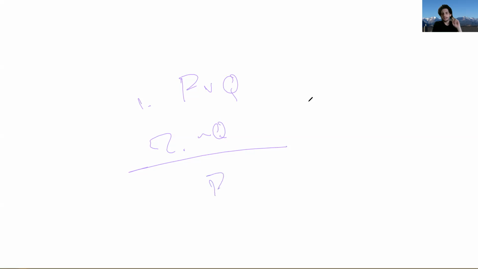So the idea is, we're going to take a handful of these really obvious valid arguments like this one, and we're just going to call it a rule. And what that means is, whenever you have a list of sentences that looks like this, you can just give yourself that one on a new line.